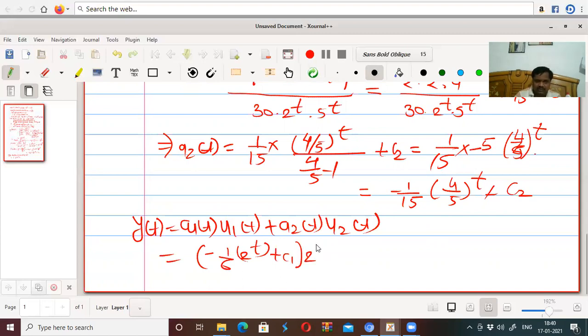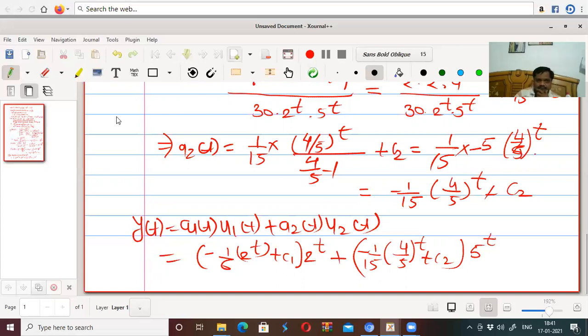U1t is 2 to the power t, plus A2t, which is minus 1 upon 15 4 by 5 to the power t plus C2, into U2t. What is U2t? U2t is 5 to the power t.